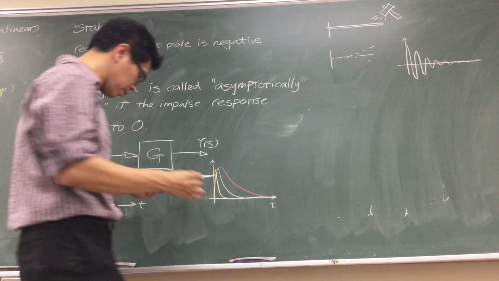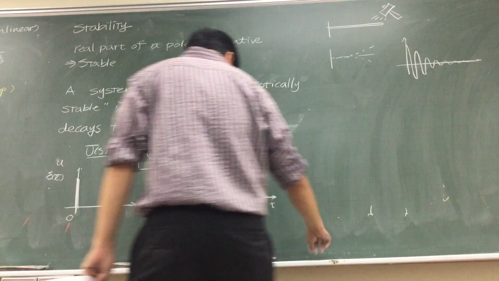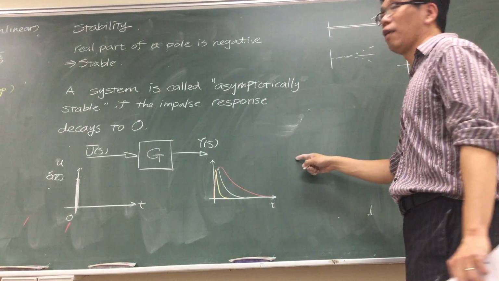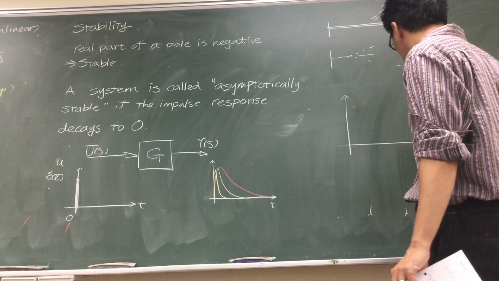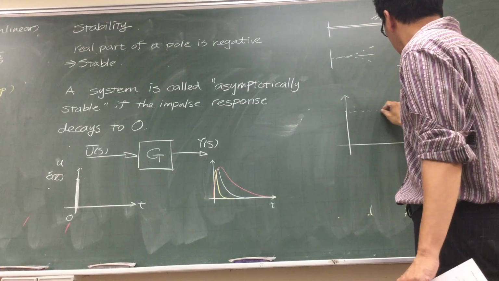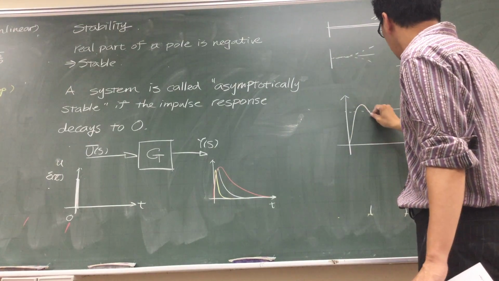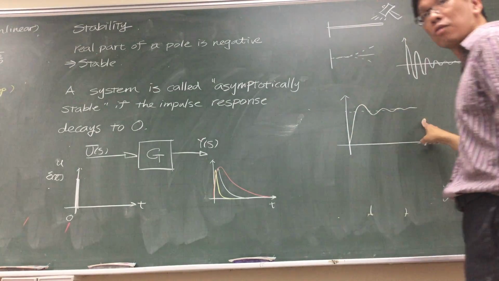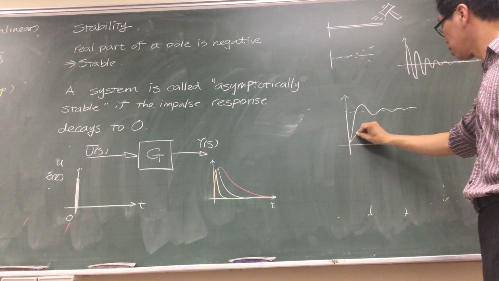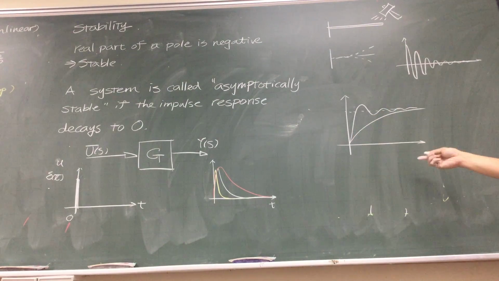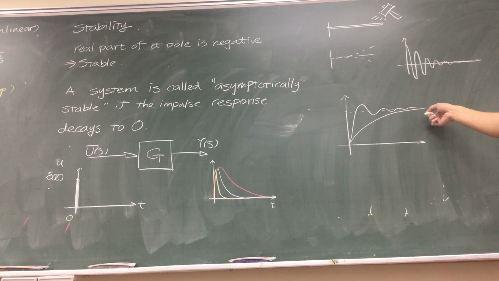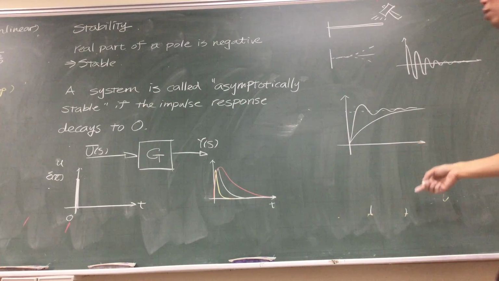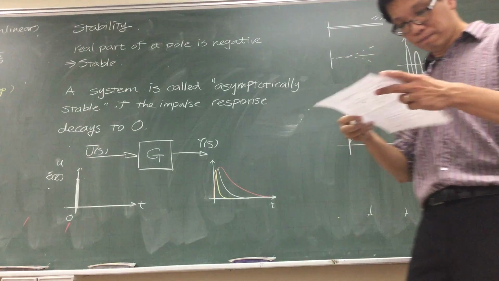Okay? Why is that important? If you are having something asymptotically stable, when you have step input, you are going to see something like this. If it's a first order system, it's going to be like this. So you approach a steady state within infinite time. So that is something we call asymptotically stable.